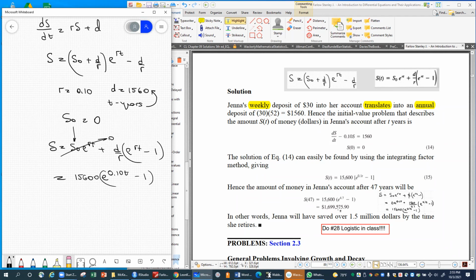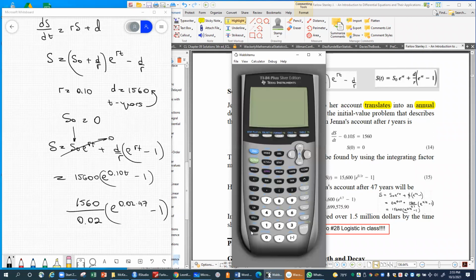More realistically these days, at best you're going to get 2%. Let's compute it for 2%. So that would be 1560 over 0.02 times (e^(0.02 times 47) minus 1). Let's compute that. That's more realistic.